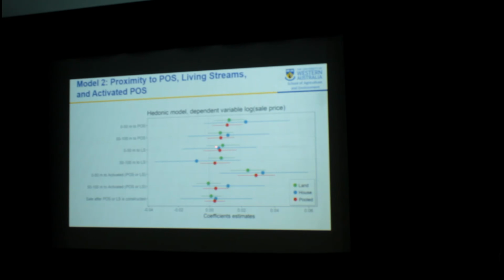So we can say that living stream is a little bit better than other public open spaces, but what makes the difference actually is being activated, which means having some recreational infrastructure on the lot. And again, no difference for time.